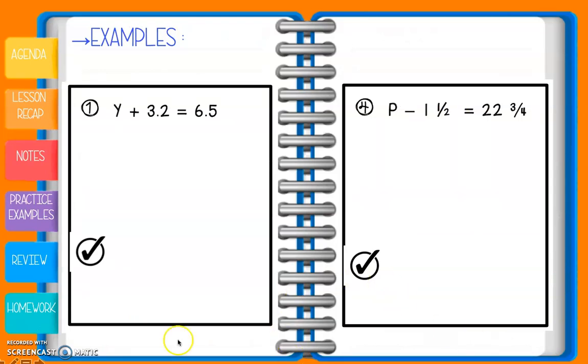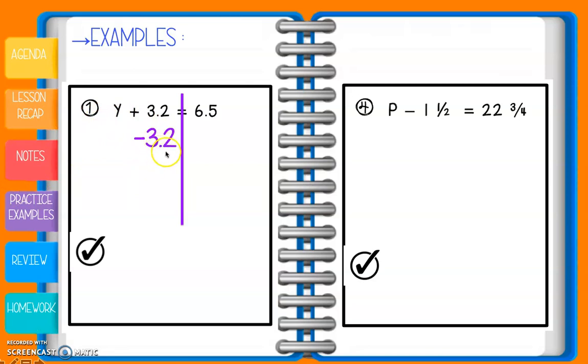Okay, so just like we talked about yesterday, the very first thing that we're going to do is draw our line through the equal sign to remind us whatever we do on the left, we have to come over here and do on the right. So I see a plus 3.2, and I want to cancel that out to get the y by itself. So I'm going to use my inverse operation of subtraction, and I'm going to subtract 3.2.